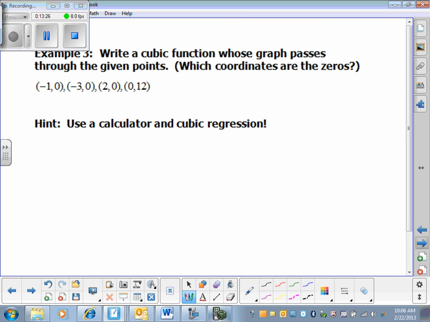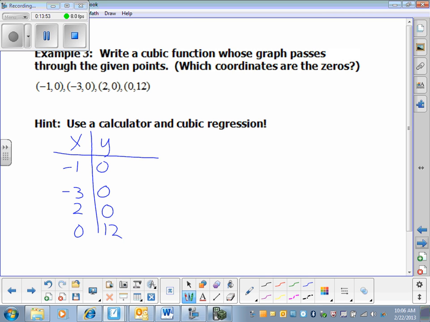You can also use a calculator if you want to do this. Everybody likes using a calculator, right? So go ahead and put these in your calculator. Your x's are going to be -1, -3, 2, and 0, and your y's are going to be 0, 0, 0, 12, right?